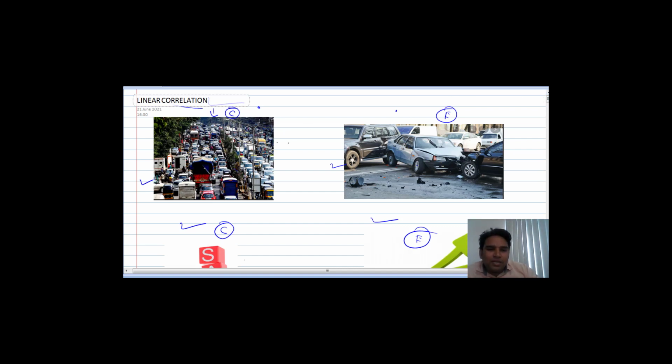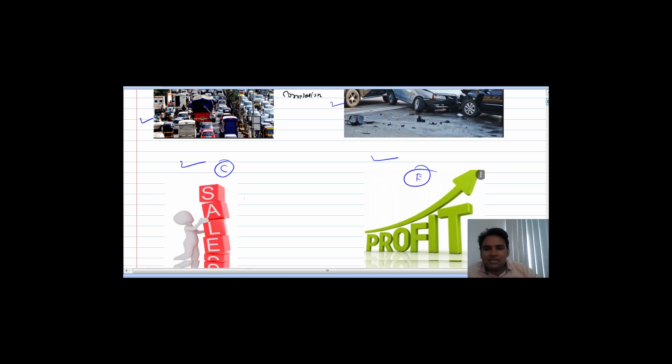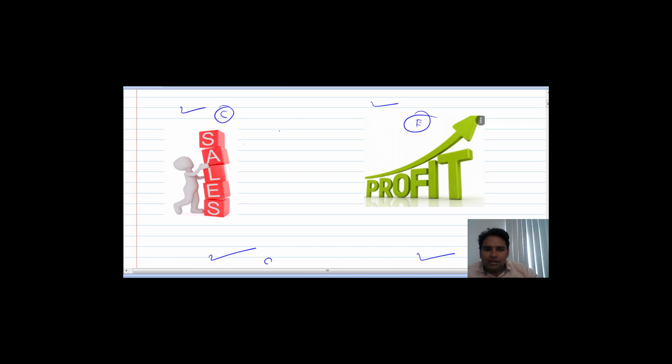So both these pictures have positive correlation, right? In the sales and profit also, positive correlation, friends.